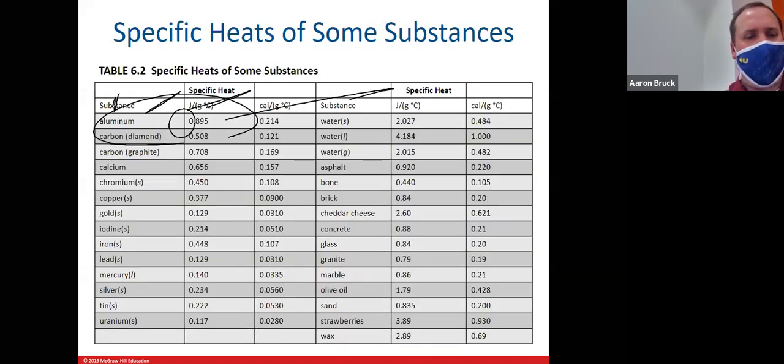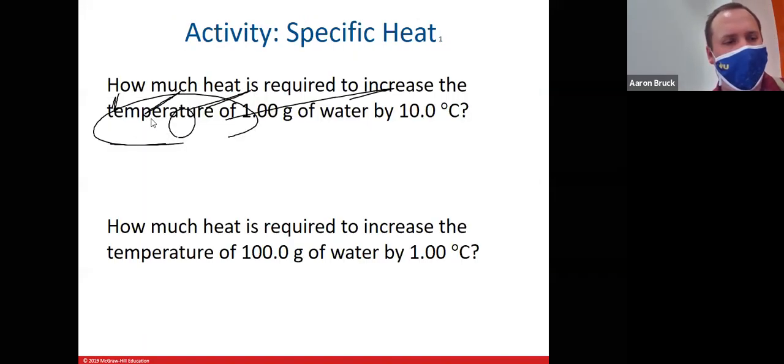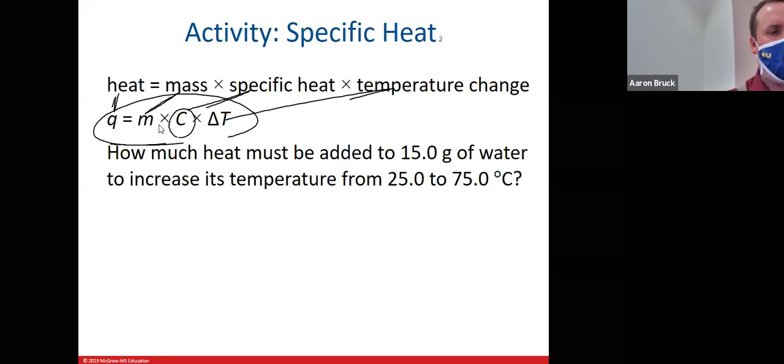Water in the liquid phase has a specific heat of 4.184 joules per gram degrees Celsius. So I've got a mass of 15.0 grams. I've got a specific heat of 4.184 joules per gram degrees Celsius.